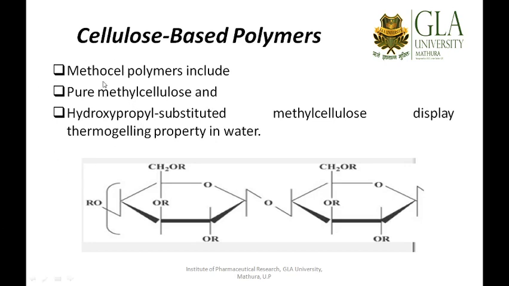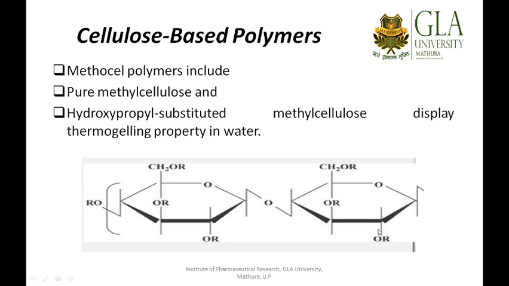So the brand name for cellulose is Methocel. You must be remembering, or you should look over here. Methocel is the brand name for the cellulose based polymers. If it is pure methyl cellulose, we have incorporated a methyl group on the cellulose molecule.